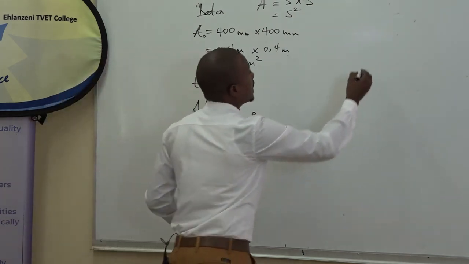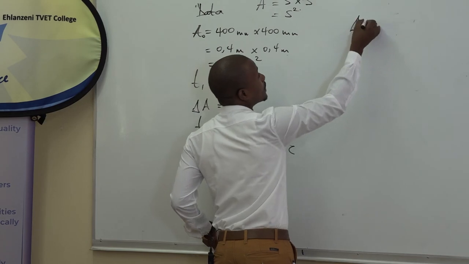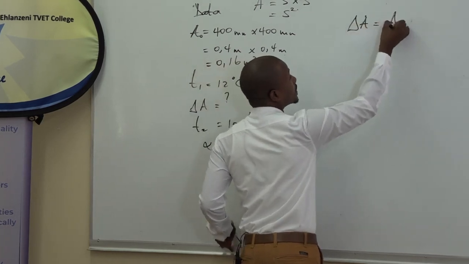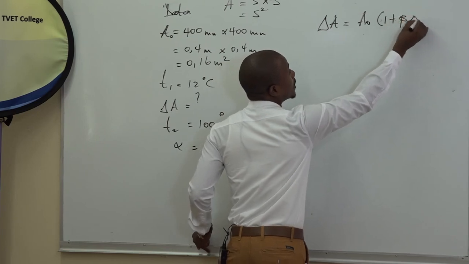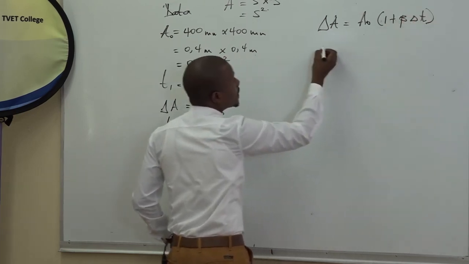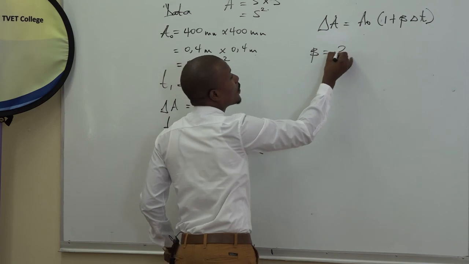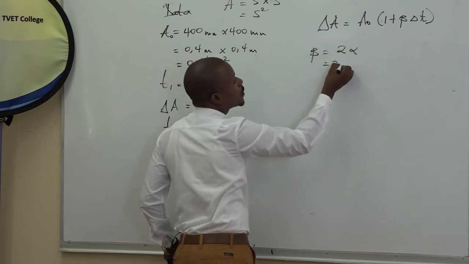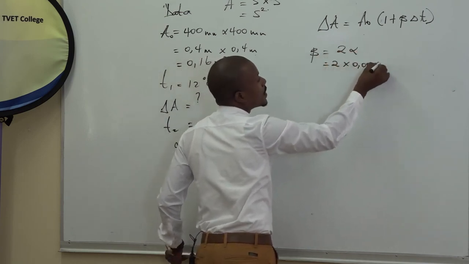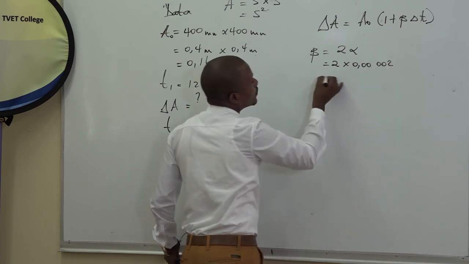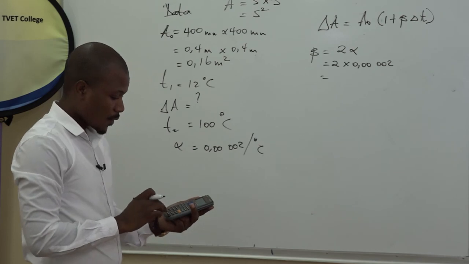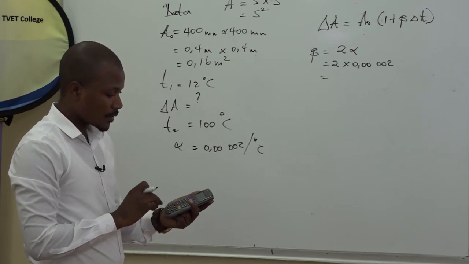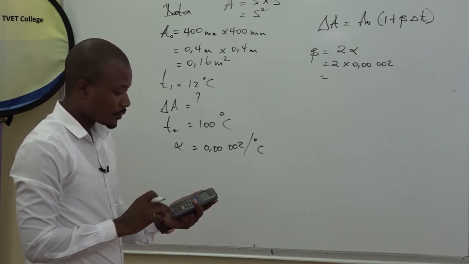What is the superficial area? The equation to calculate superficial area is given by A equals A0 into 1 plus beta change in T. What is beta? Beta will be equal to 2 times alpha, which is 2 times 0.00002.